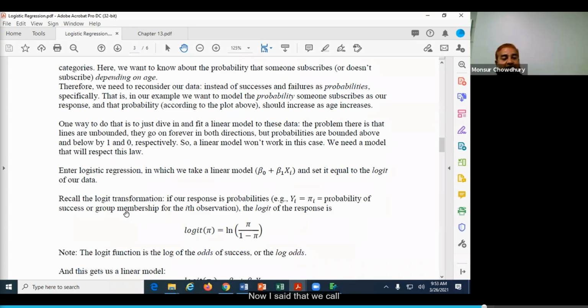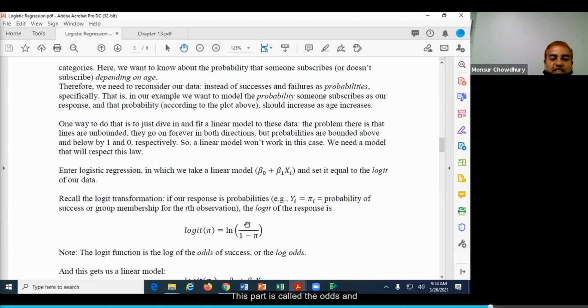Now, recall the logit transformation if our response is probabilities, meaning proportions, between 0 and 1. Here we denote yi by pi, which is the probability of success or group membership for the ith observation. The logit of this response is ln of pi divided by 1 minus pi.